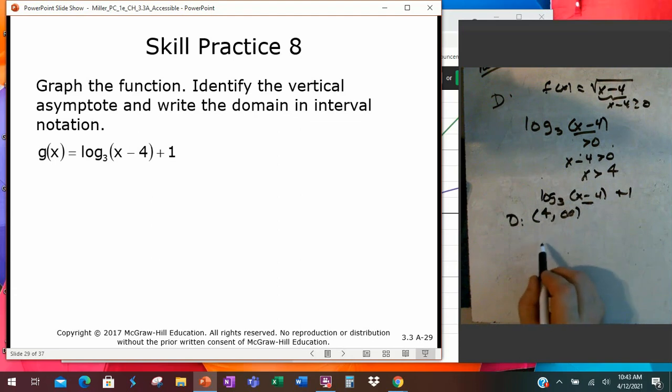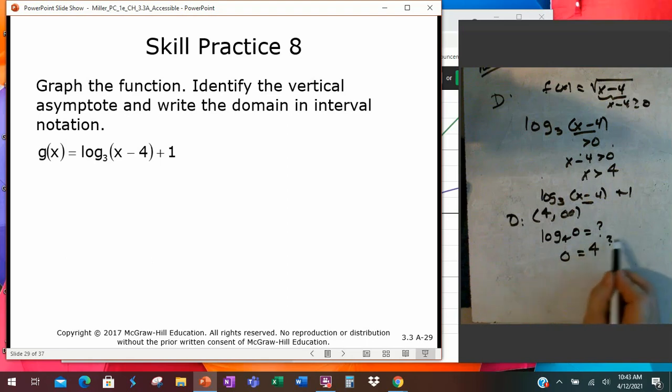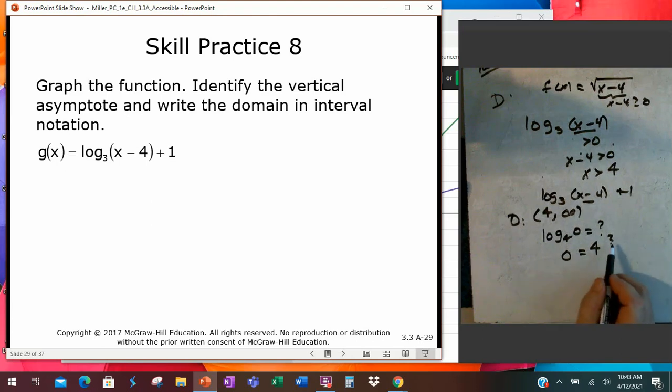If I'm asking what is log base 4 of 0, I want to represent 0 as some power of 4. There is nothing I can do except make the exponent smaller and smaller, a negative number.